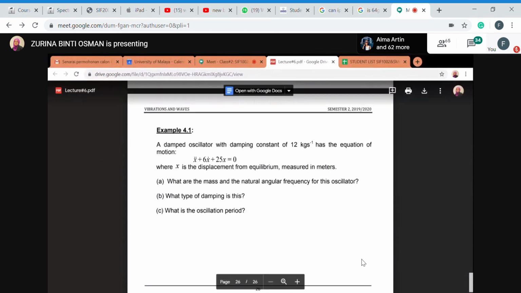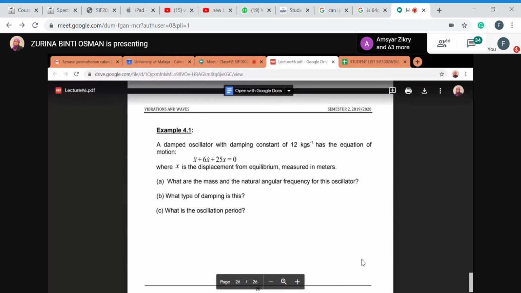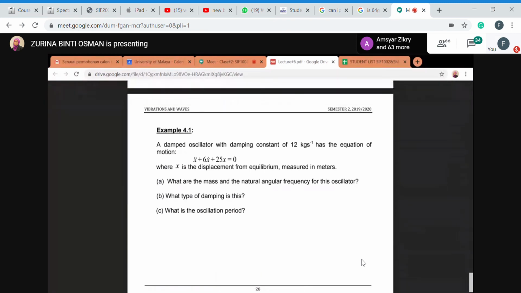So they ask you to find what is m and what is omega naught. B, what type of damping is this? This means they ask which case it falls under: case 1, case 2, or case 3, which is critically damped, overdamped, or underdamped. C, what is the oscillation period? So they ask you to find T. All of this you need to do.